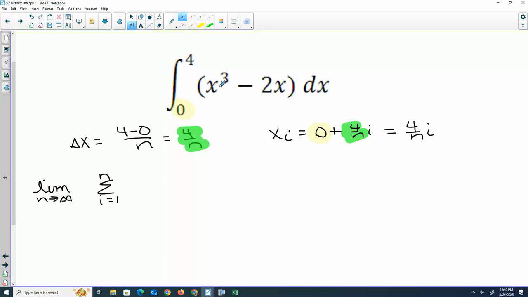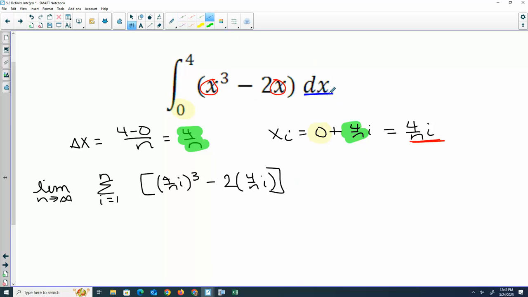When I do this, these x sub i's replace my x's up here. My function is x cubed, so it would be (4 over n i) cubed minus 2 times 4 over n i. That's like the height of the rectangles.